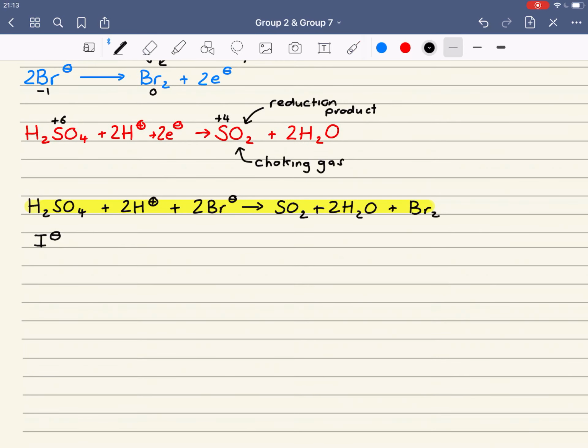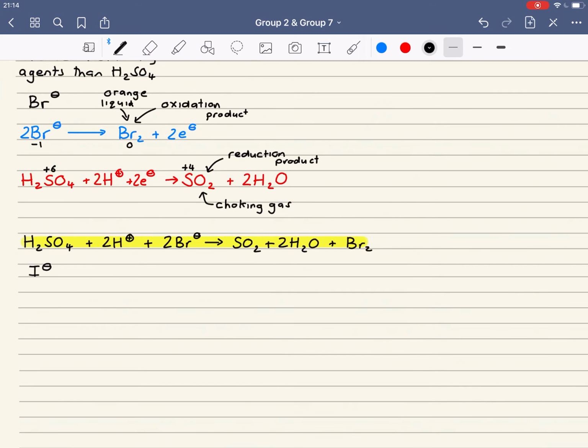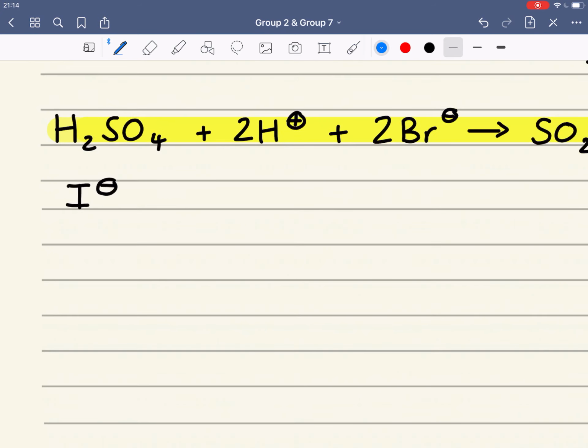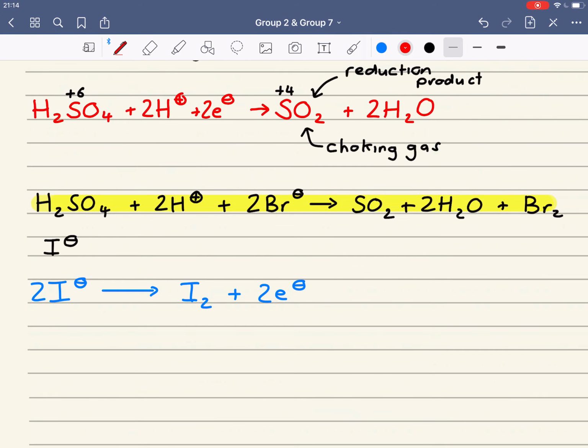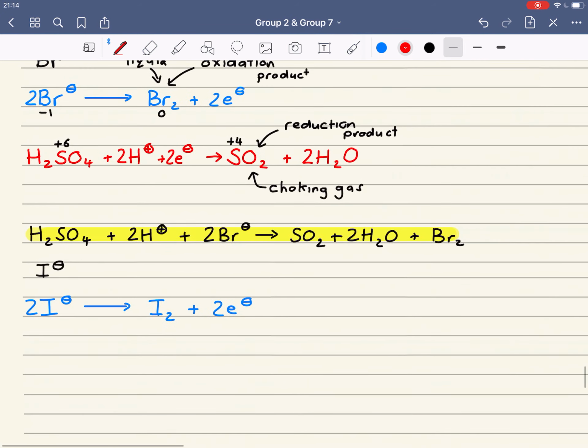Now, when iodide ions react as reducing agents, it's exactly the same half equation as the bromide ions. It's oxidized to iodine and 2 electrons. Now, potentially these iodide ions could reduce the sulfuric acid to SO2, and we'd get exactly the same half equation here.